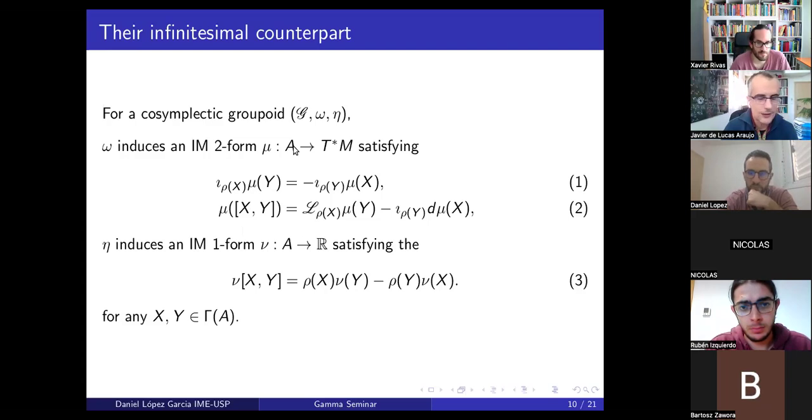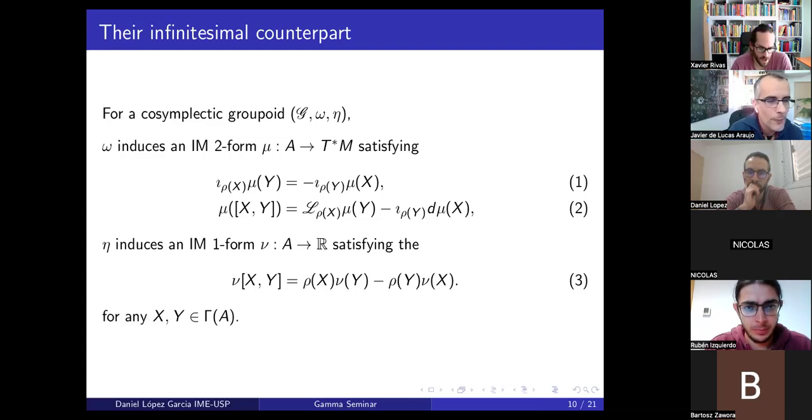Okay, and maybe a last question and we can finish, because I'm very curious, truly speaking, but maybe it's not the thing to have everyone here waiting. Because this is a cosymplectic groupoid, yeah, but the conditions of omega and eta, there are lots of other related structures.